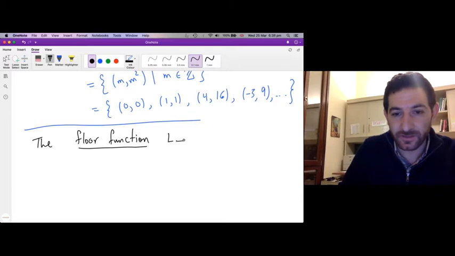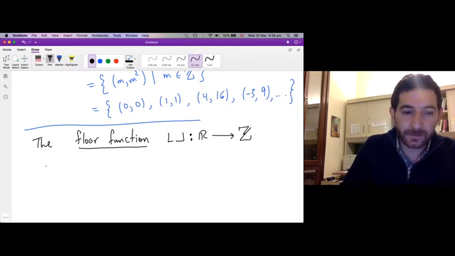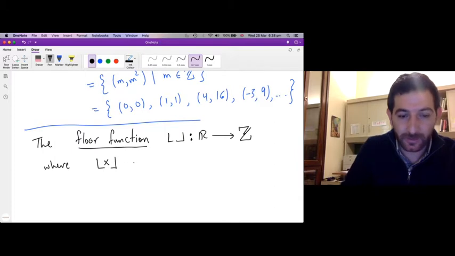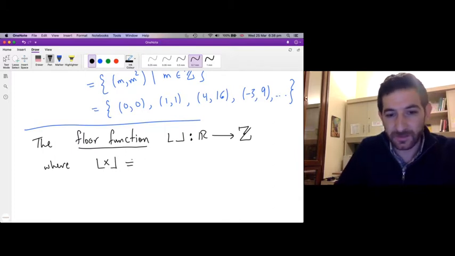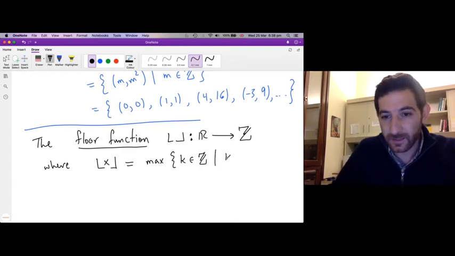It's denoted by this symbol, and it's a function whose domain is R and codomain is the integers, where if you choose a real number x in the domain, then its floor, the image of this real number, is the maximum integer less than or equal to x. So the maximum k, where k belongs to the integers, such that k is less than or equal to x.